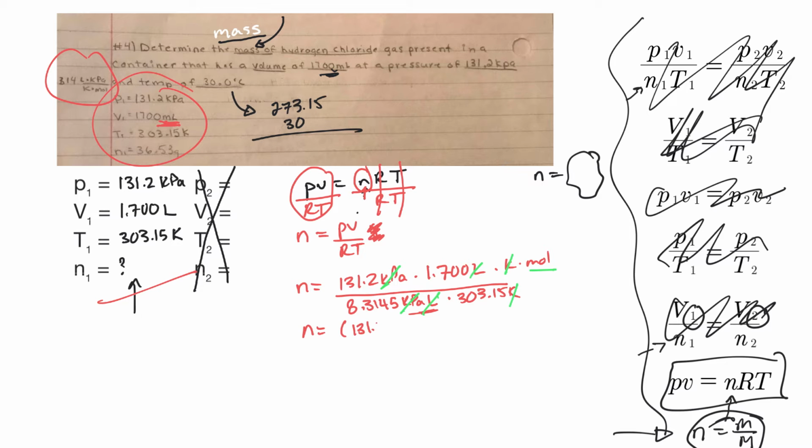Okay, so when you put this in your calculator, I would do it like this. Bracket 131.2 times 1.7 bracket, divide bracket 8.3145 times 303.15 bracket, go.